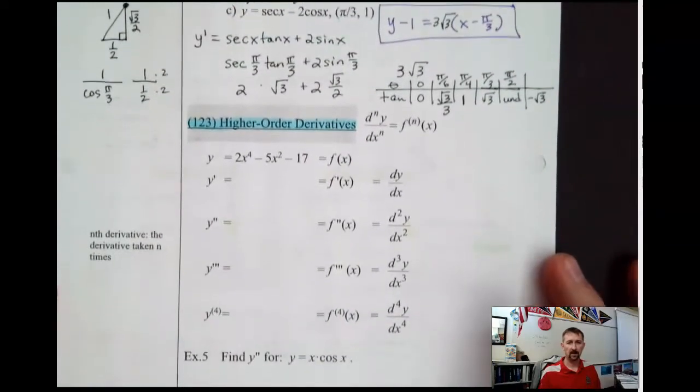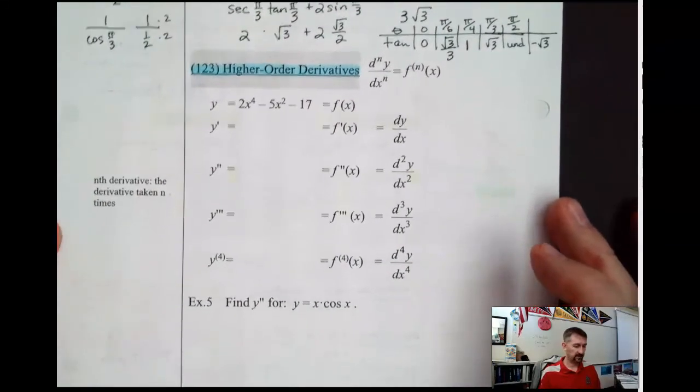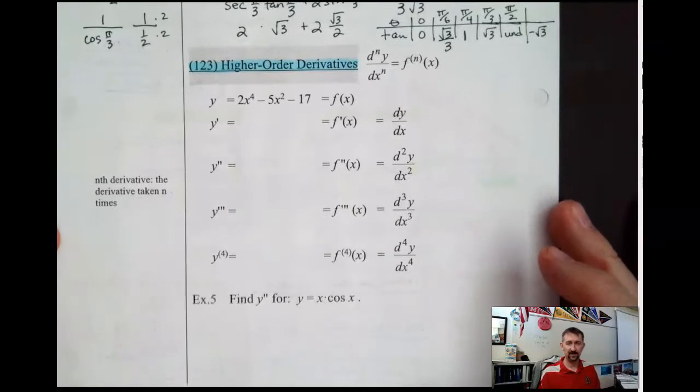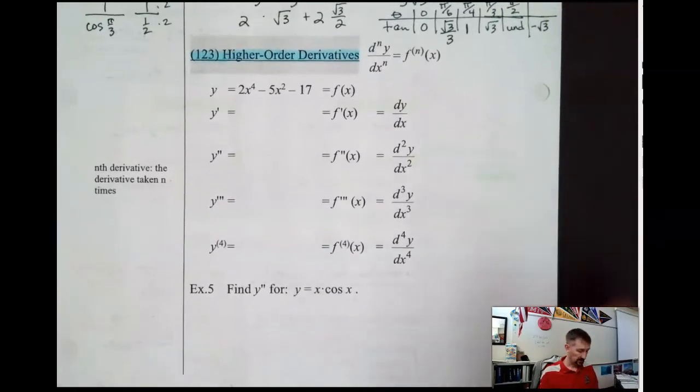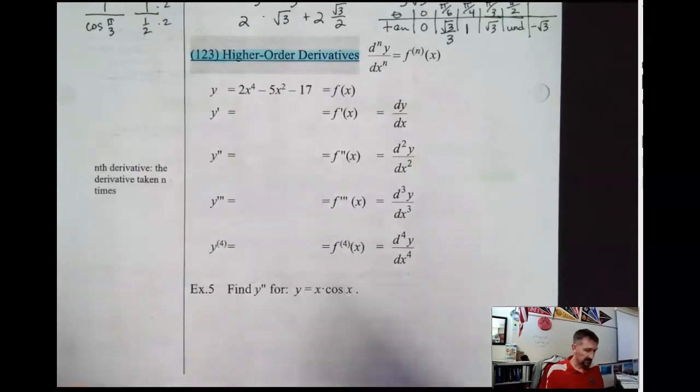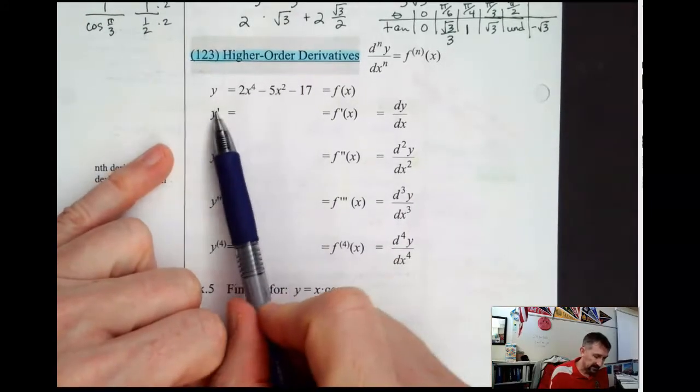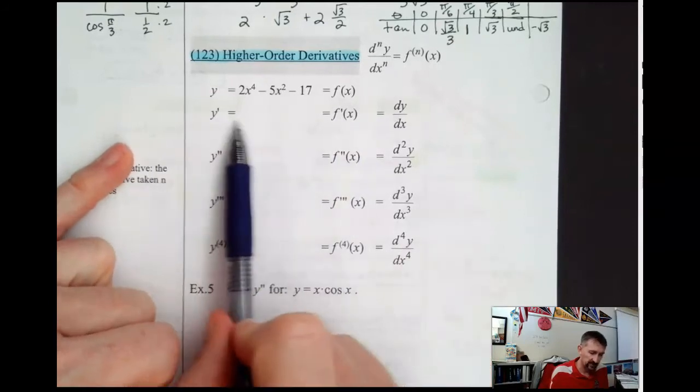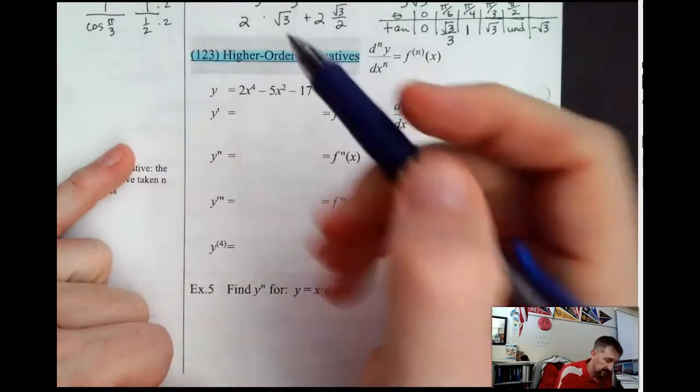All right. So moving on from trig derivatives, we're going to talk about higher order derivatives. That just means you take the derivative again. Okay, so it's not really that bad of a concept. So here, if we take the derivative of this, you all should be able to pause the video and take the derivative of that. So do that.